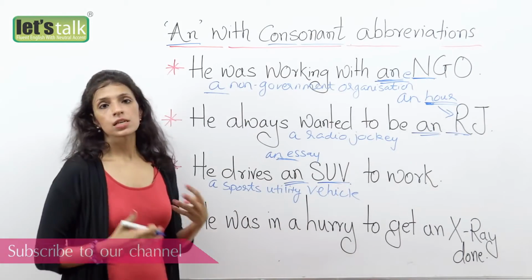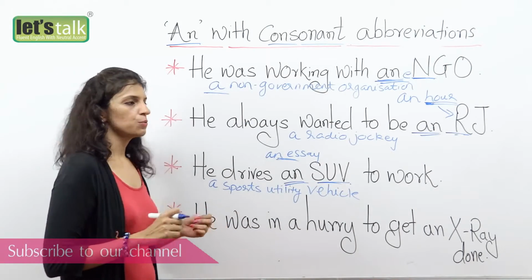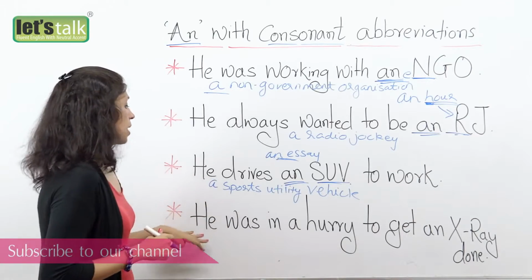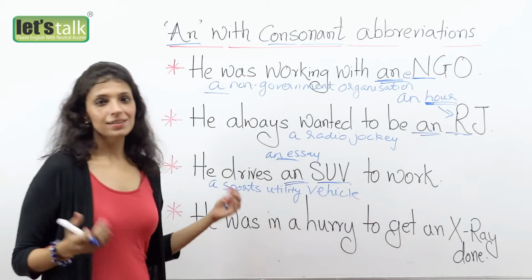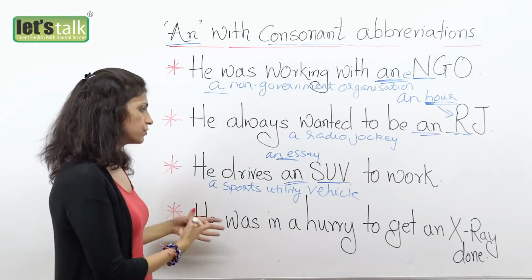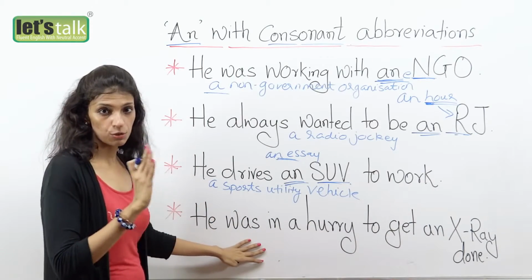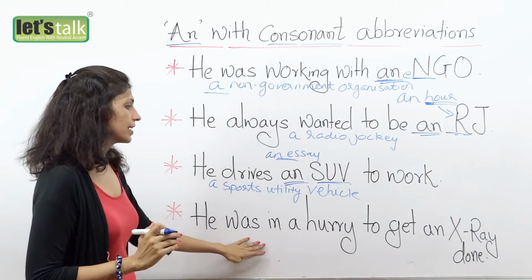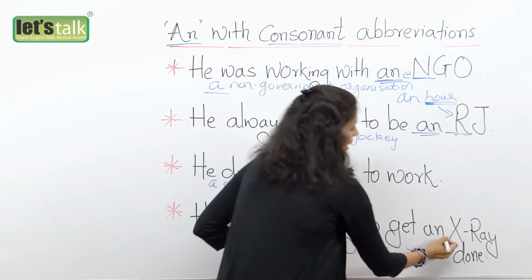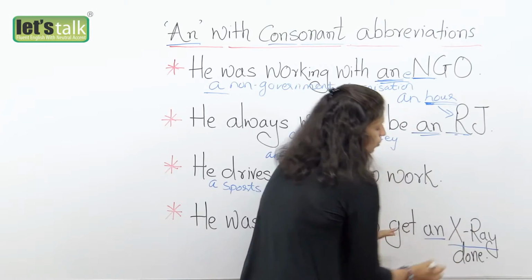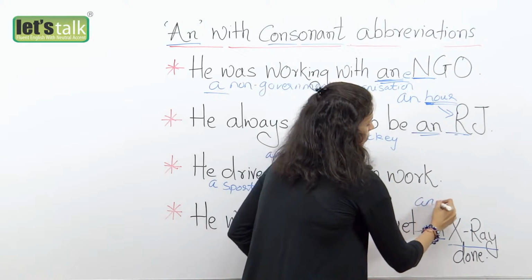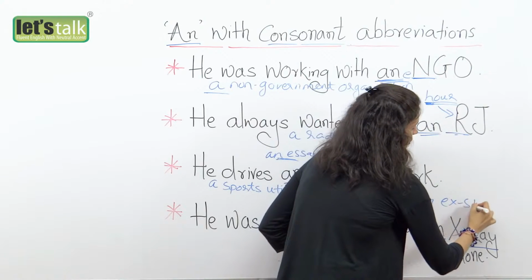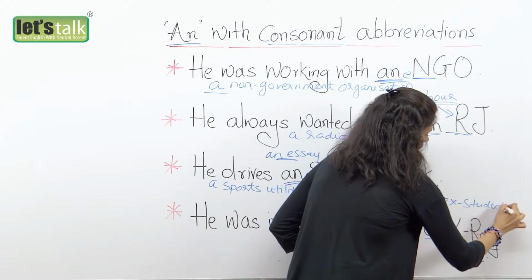Okay, and well, there was a lot more to catch up on, but we had to cut short because he was in a hurry to get an X-ray done. He was a little unwell, had a little backache, so he took leave to go and get an X-ray done. So he told me, don't mind Rachna, but I need to get an X-ray done. Now, an X, though it's just the letter X, which is a consonant, it comes like an ex-student, right?